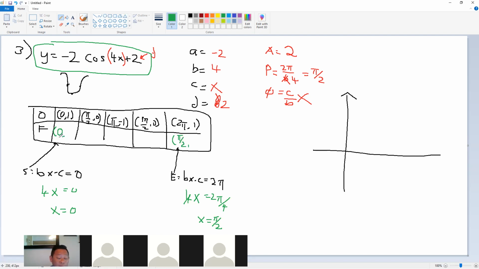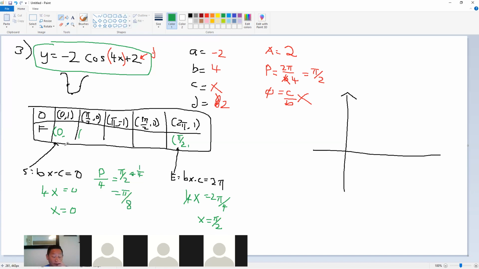To figure out the next one, we always take the period divided by 4. The reason we divide by 4 is because it has 4 quadrants. The period we found is pi over 2, so you take pi over 2 divided by 4, which is the same as multiplying by 1/4. So you have to add pi over 8.